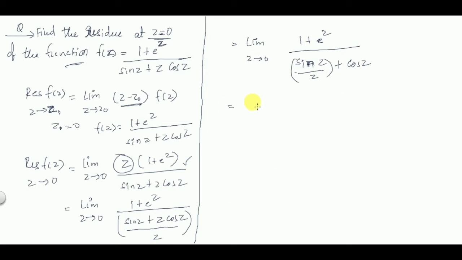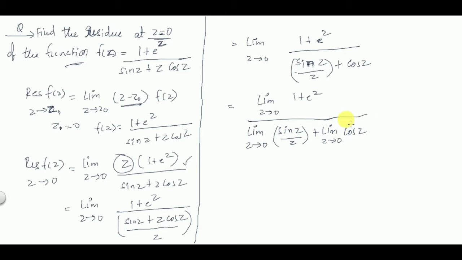Right, so applying the limits to each and every function, we get the limit as z tends to 0 of (1 + e^z) divided by the limit of sin z by z plus the limit as z tends to 0 of cos z. We know that the limit as z tends to 0 of sin z by z is equal to 1. It is not a new concept.